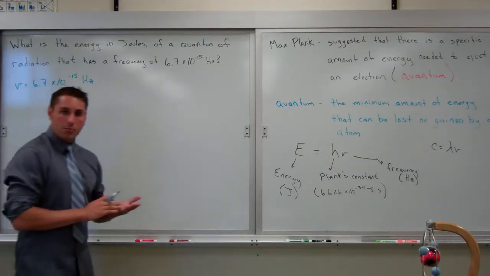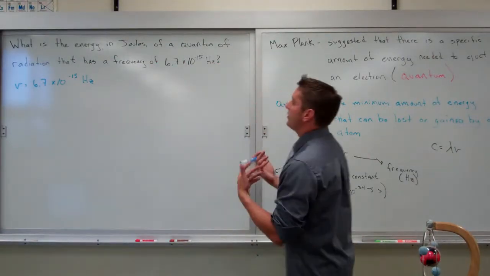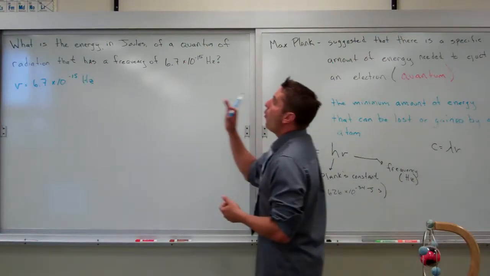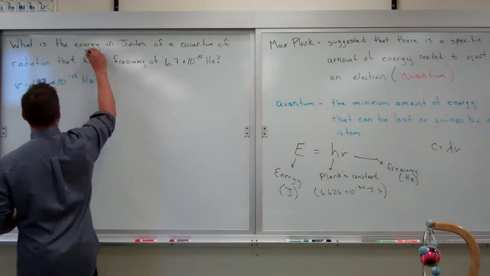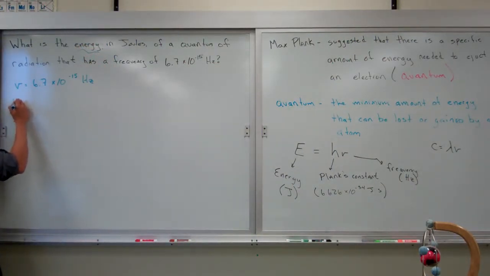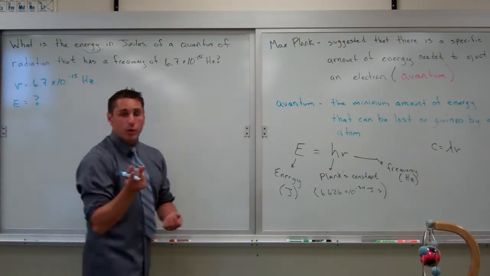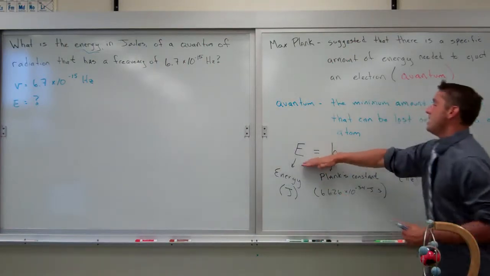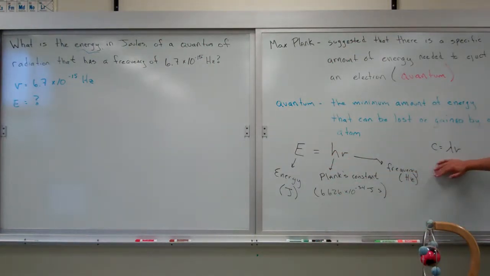I'm all out of numbers, so the next thing I do is figure out what the question wants. What is the energy in joules? So I'm looking for energy. Now I have two equations to choose from: E equals hv and c equals lambda v. I need to decide which equation is more appropriate.